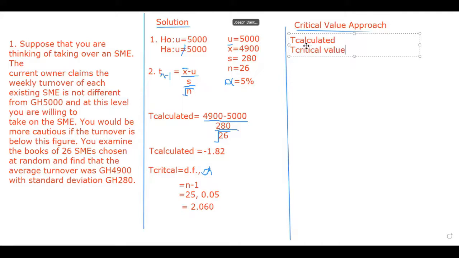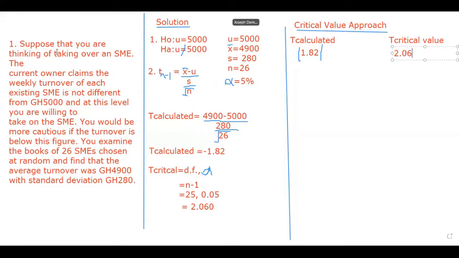Now, when you are comparing, you see, we got a negative number. When you are comparing, use what? The absolute value. You don't need the negative. You need the positive, only the positive side. So you add the lines there to indicate we are using the absolute. So this one is negative, but because we are using the absolute, we have it to be this. And the critical was what? 2.06, right?